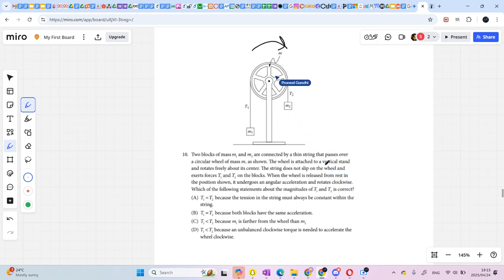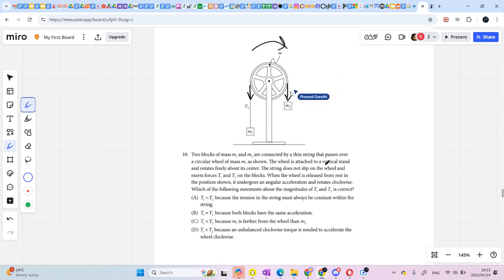So for this one, for the wheel to start accelerating, or for the masses to start accelerating, there has to be an unbalanced force on the string. And so this tension force on the string would have to be greater than this for it to accelerate in this direction.